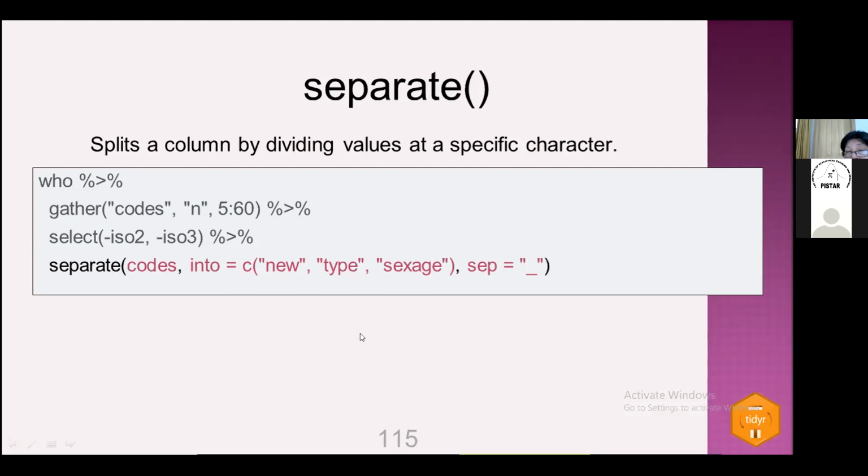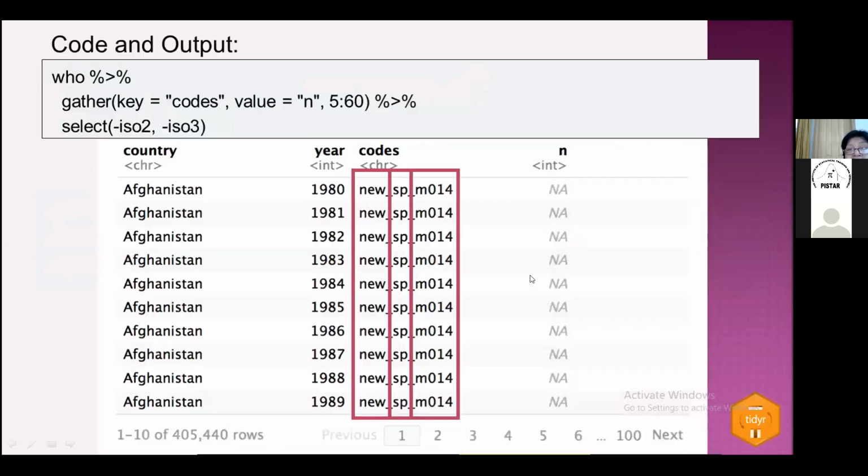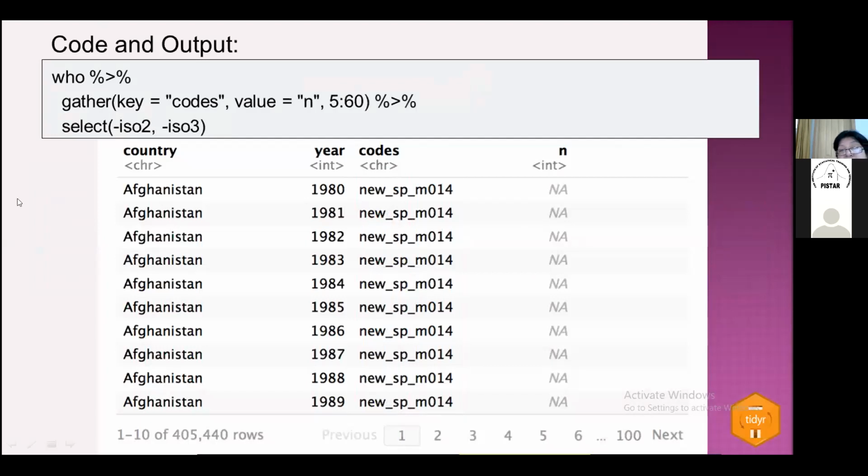And then sep equals, from which point you want to separate it. It is that underscore. Remember previously we had this underscore. So this is where we want to break it up. I don't want to break it up at the E. I do not want to break it up after the 0. I want to break it at this underscore.